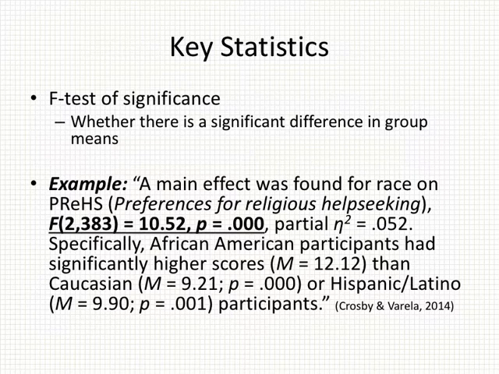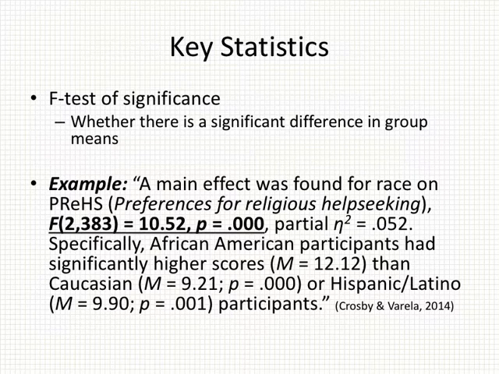They found that there was a main effect for race on preference for religious help seeking. They reported an F of 10.52, which translates into a p-value less than 0.001. And within the parentheses are the 2 degrees of freedom, 2 and 383.